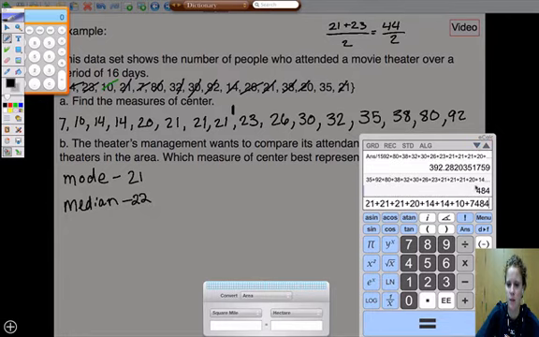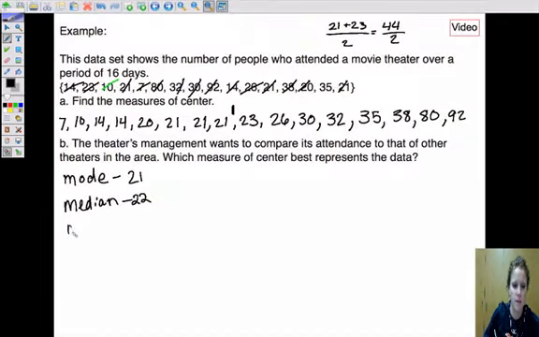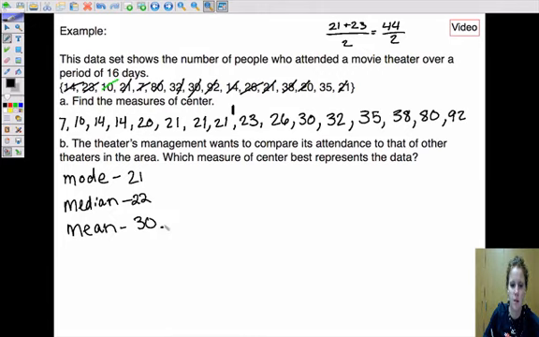Here's my total. And then I need to take that and divide it, so 484 divided by, we have 16 numbers, so that would give me 30.25 as a mean. 30.25 is my mean. Now notice, that's a lot higher than my mode and my median, okay?